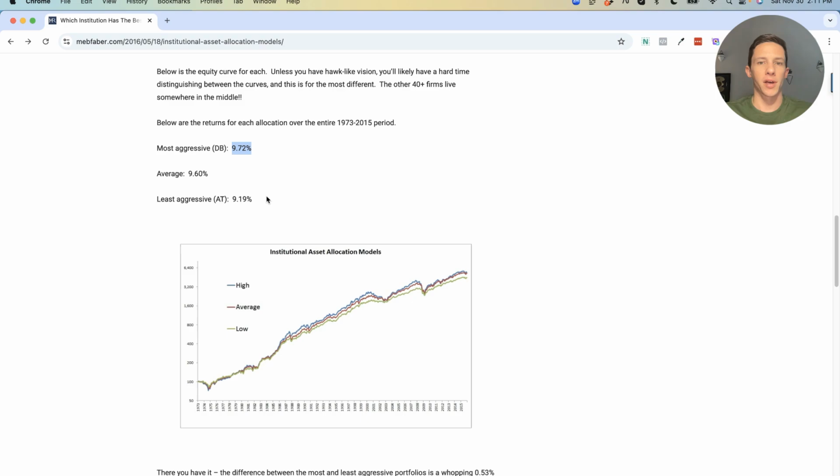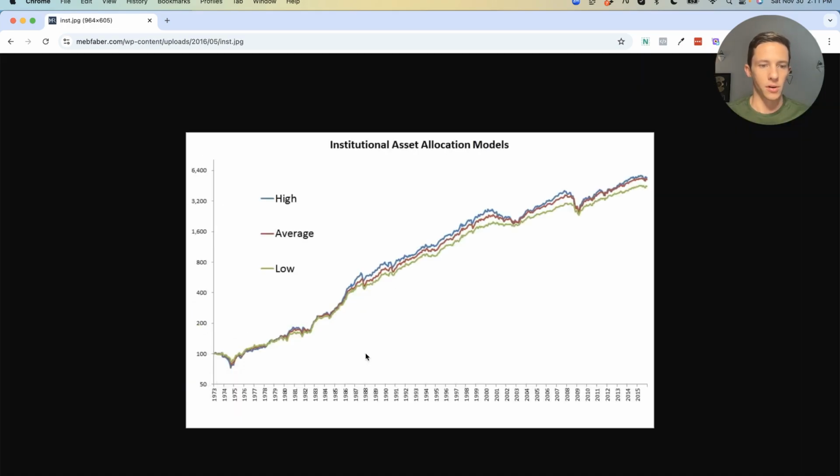So for all of the countless hours and millions of dollars of research that went into each company finding their perfect asset allocation model, or the one they thought was going to outperform, they were all really quite close over time. And this chart is indexed to 100 here, right? This would imply, or be hypothetical of, a situation where you invested $100 into these asset allocations.